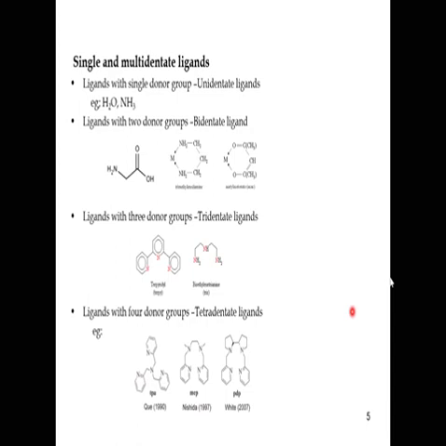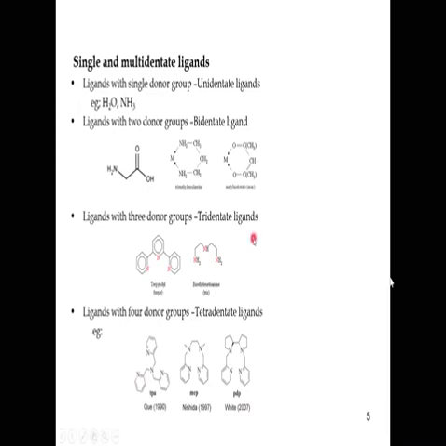It's like you have your teeth and you are holding something between your teeth. Like you have a ligand, and the ligand is now sort of grabbing the metal ion. That is why it's called dentate.